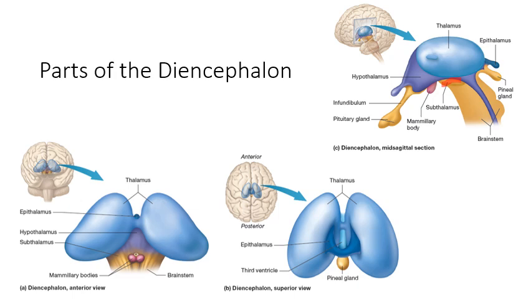And then sort of to the front of that, but also beneath the thalamus, you have the hypothalamus, which is involved with integrating higher and lower functions and controlling homeostasis. So that controls the pituitary gland. The pituitary gland is right here. That's controlled by the hypothalamus.